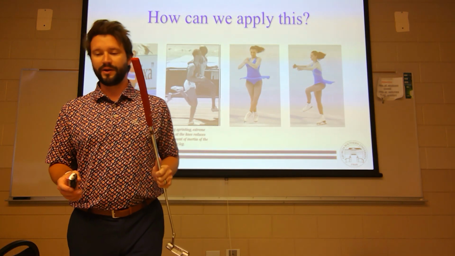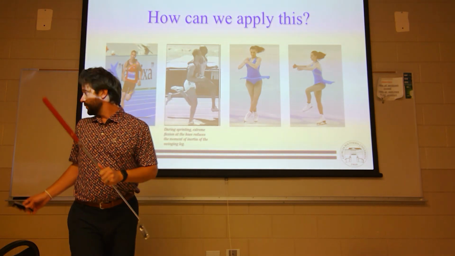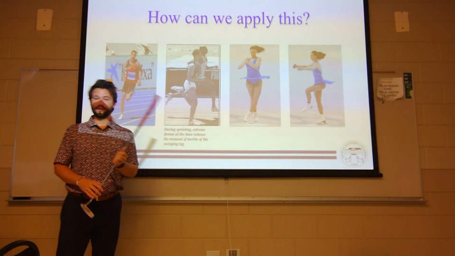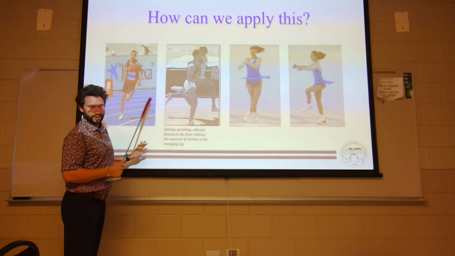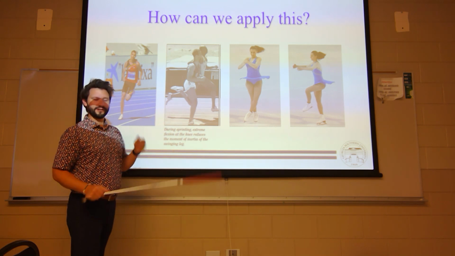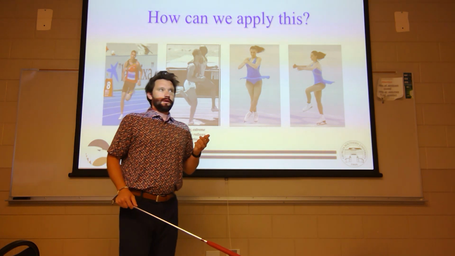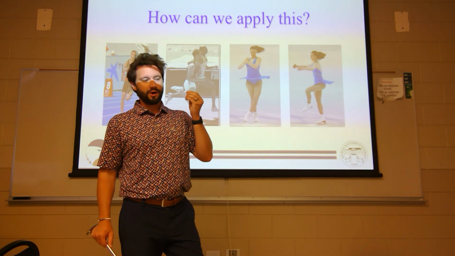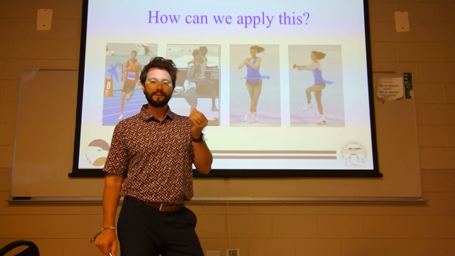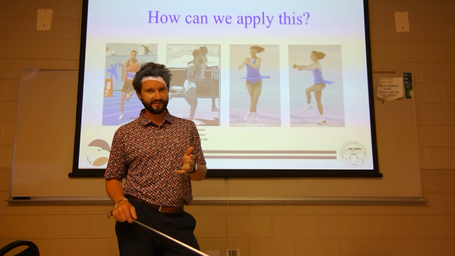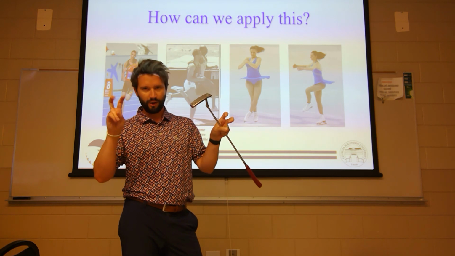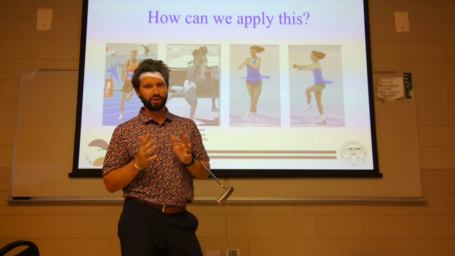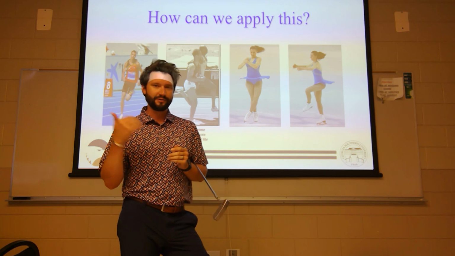So let's talk about a couple of them. We have 2 examples here of how we can apply this. A figure skater example and a sprinting example. So let's start with the sprinter. One of the earliest running mechanics taught in sprinting, so not necessarily distance running or longer distance, slower speed running, but short duration, high speed running.